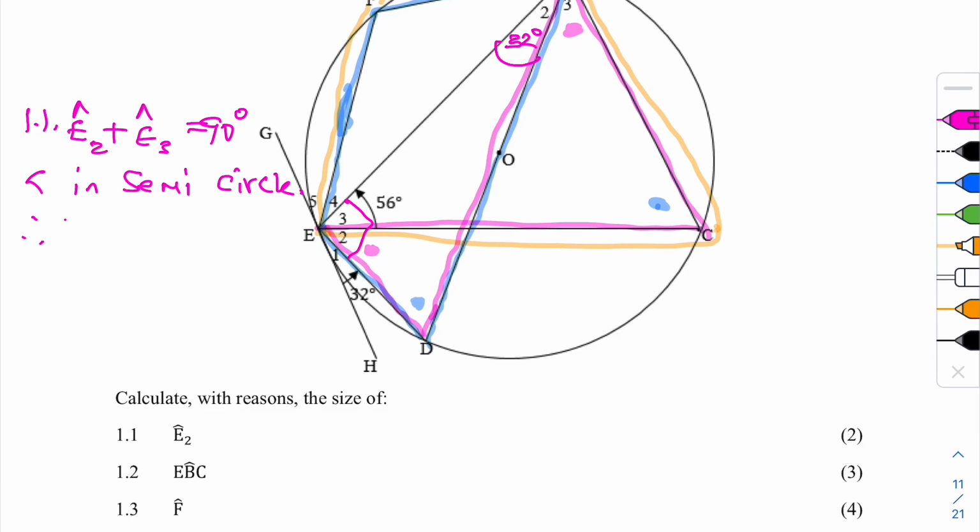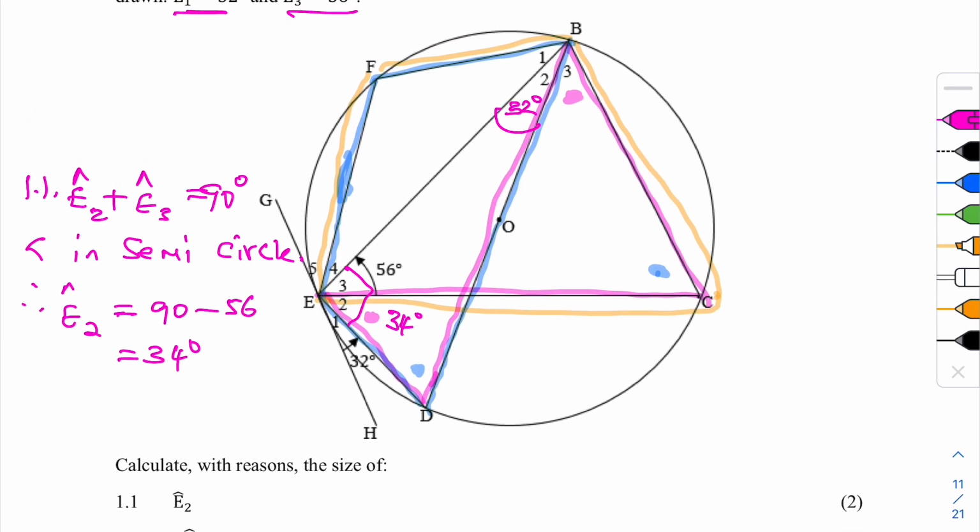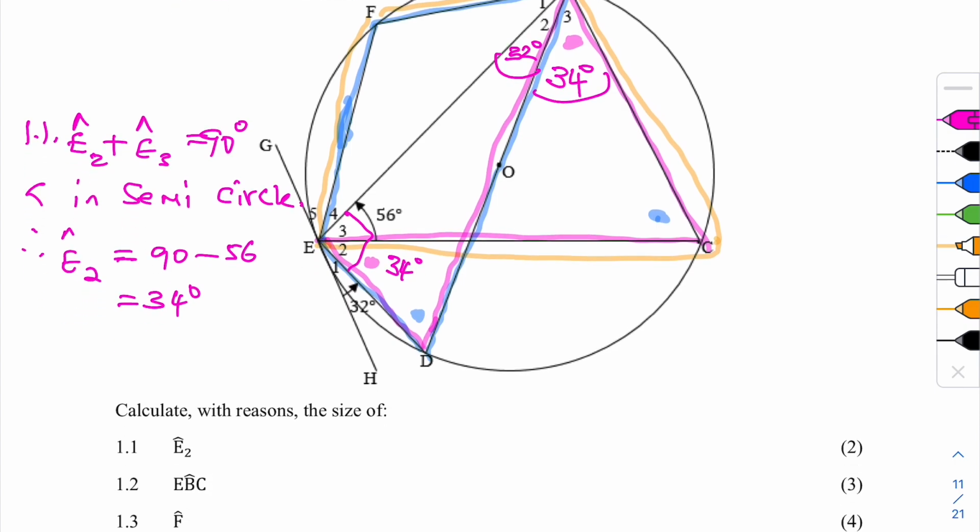So therefore, angle E2 is equal to 90 minus 56, and 90 minus 56 is going to give us 34 degrees. So E2 is 34 degrees. Let's update this one, B3 is also 34 degrees. That's angles in the same segment, by the way. So we have answered this question.